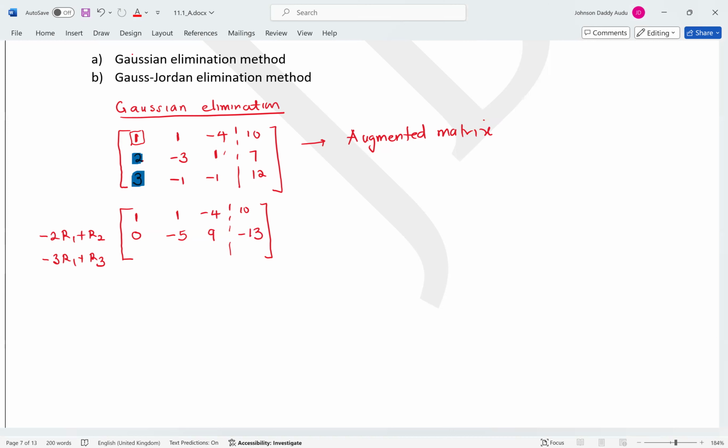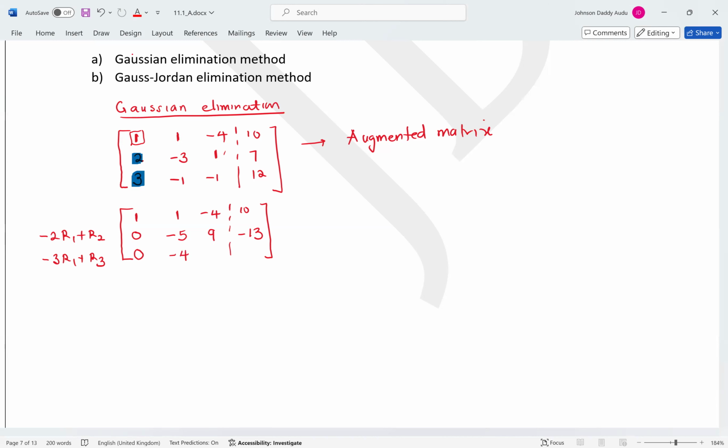Then we go for row 3. Minus 3R1 plus R3. You have minus 3 times 1, which is minus 3. Minus 3 plus minus 1 should be minus 4.